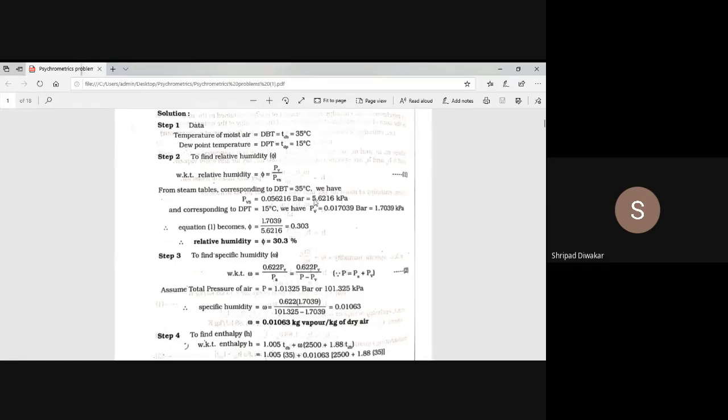Next, whenever the dew point temperature is given, there is no need for the formula. The formulas like PVS, WB, etc. are not required. When DPT is given, you directly take that value from the steam table, corresponding to 15 degrees Celsius.